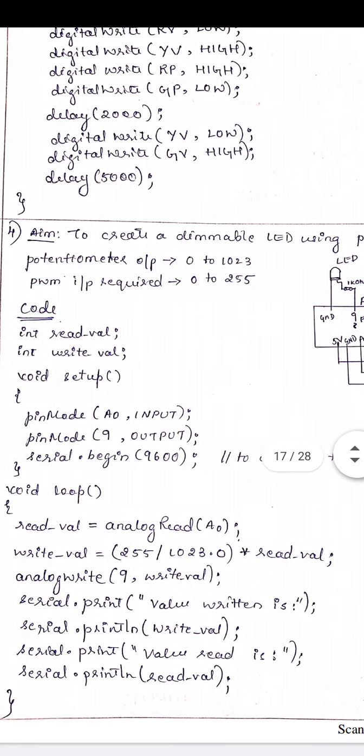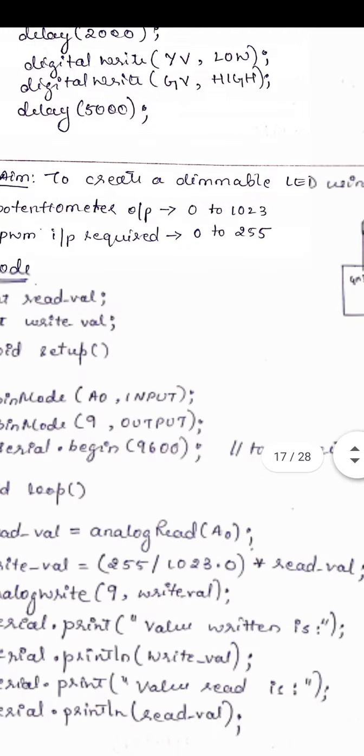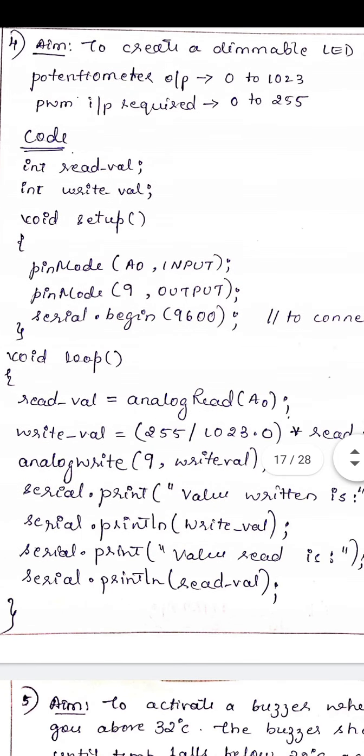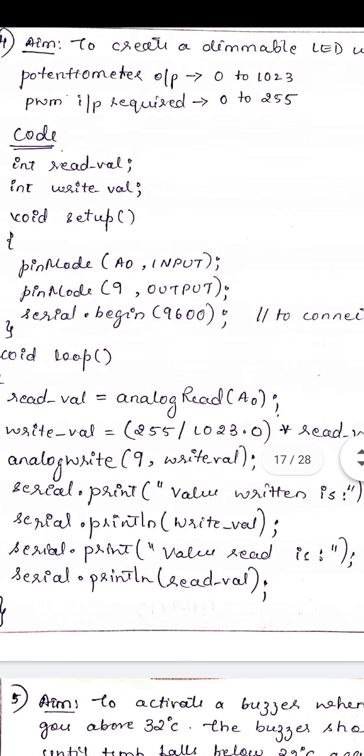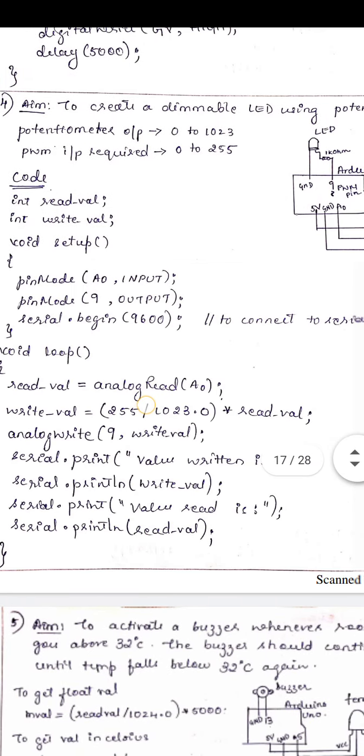That is why I'm using two different variables here, read value and write value. There is no necessity to use two variables. I've just maintained them for understanding and ease of reading the program. Now I've set two variables here, and then in the setup the input is our A0, so I will set pinMode A0 input, then pinMode 9 output.